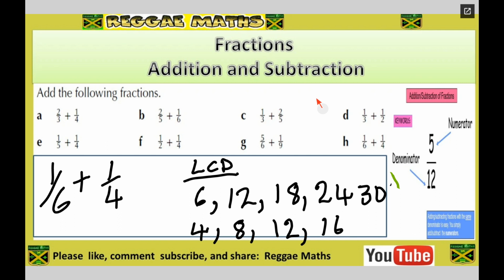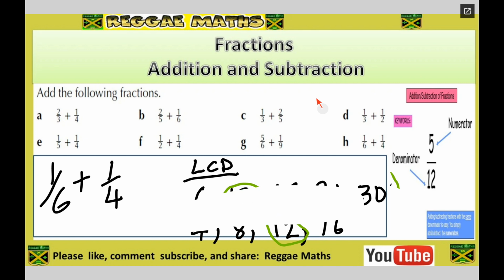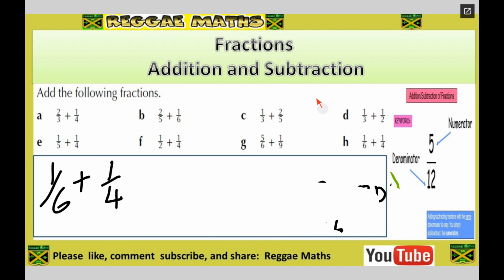So the lowest common denominator for 6 and 4 is 12. So I'm just going to write 12 plus 12.